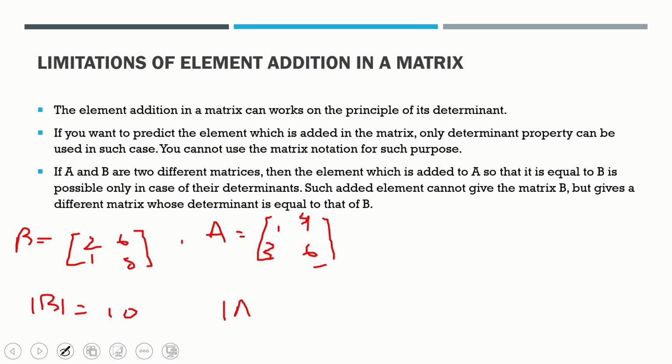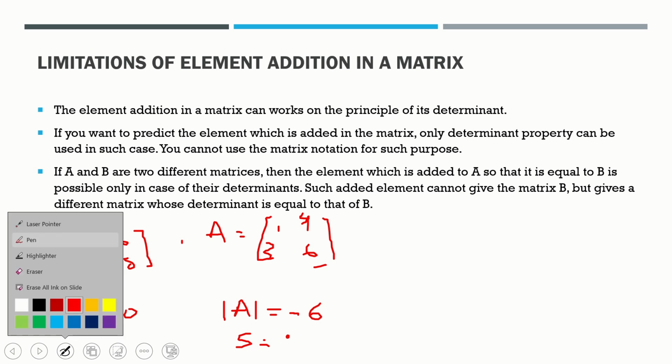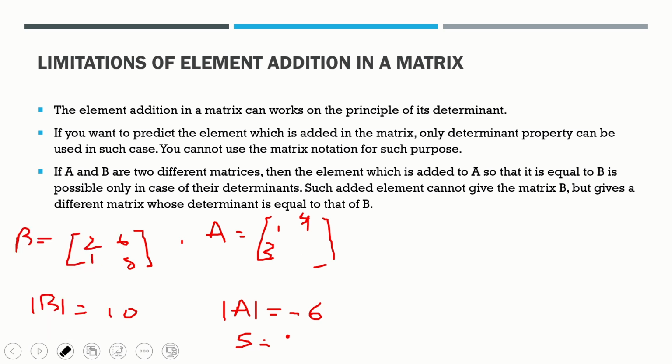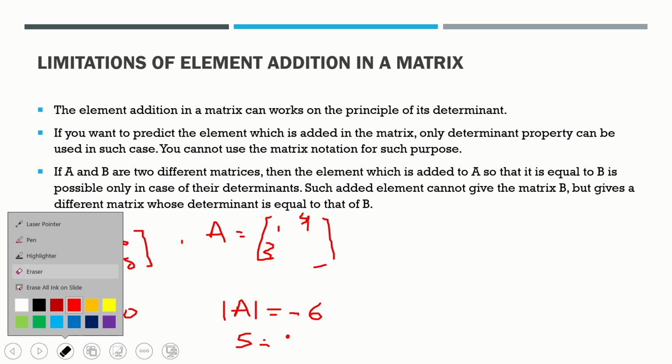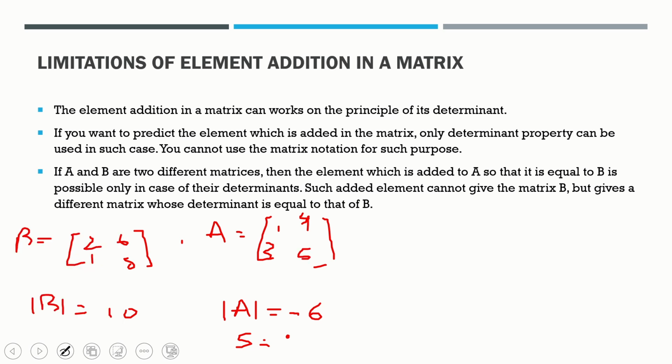Its determinant is 6 minus 12, minus 6, and you calculate s from here, it will give you 0. Let's say s is 0, right?